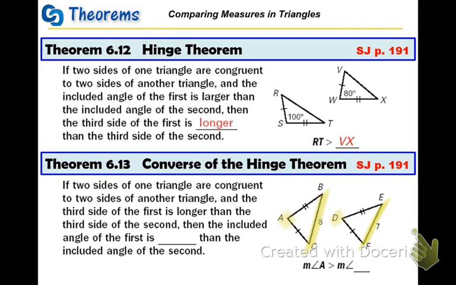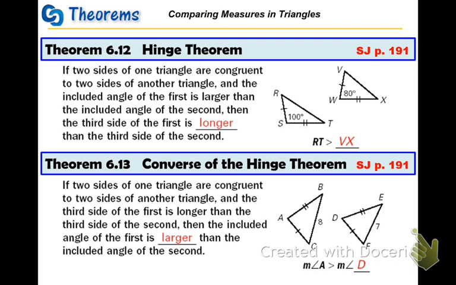BC is 8 and EF is 7. So which of the angles is going to be bigger? Angle A, because it's across from the larger side. So your fill in the blank will be larger, and the letter D, because angle A will be larger than the measure of angle D. Angle A is across from 8, angle D is across from 7.